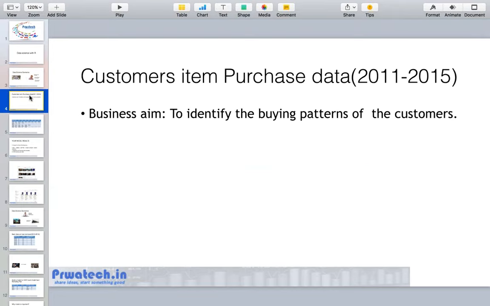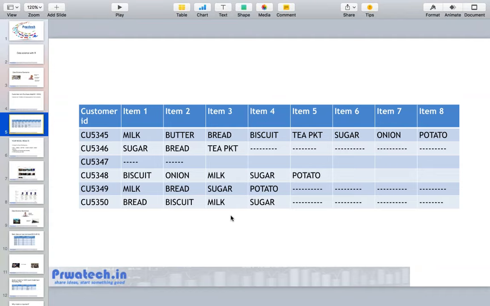So, the need for this is that if they arrange the item set according to the buying patterns of the customers, then it will increase their business revenue. A sample of the data may look like this in the transactional database of a shopping mall.